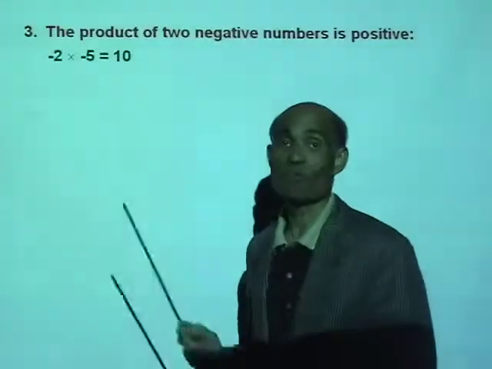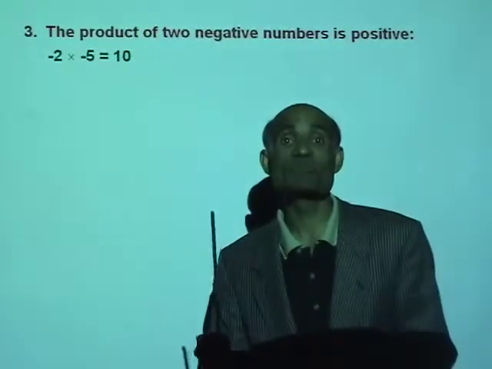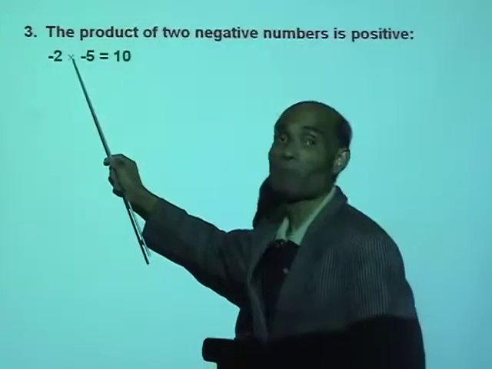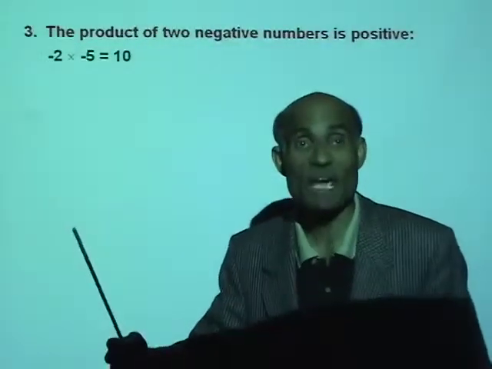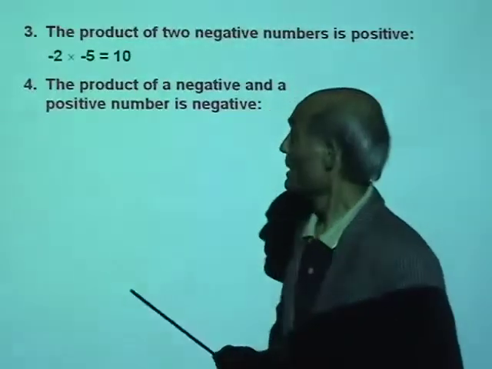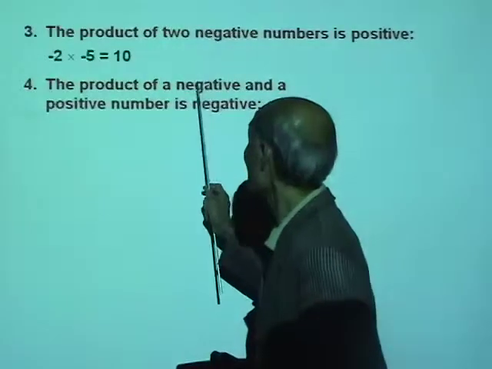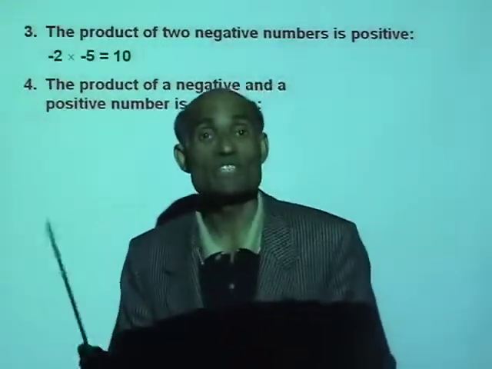The third property, the product of two negative numbers is positive. Negative 2 multiplied by negative 5 is positive 10. The fourth property, the product of a negative and a positive number is negative.